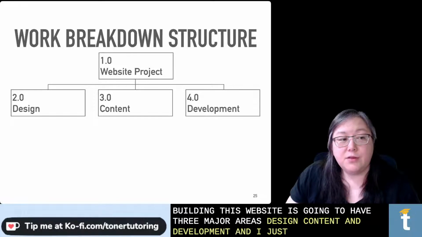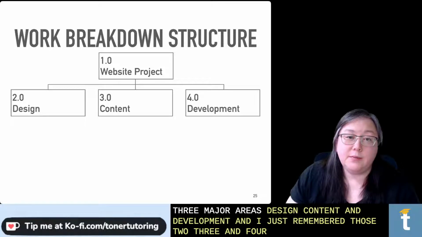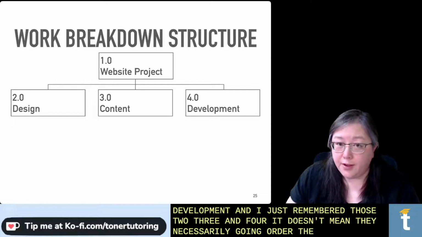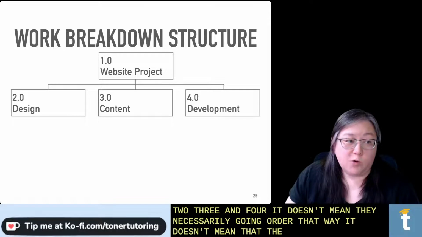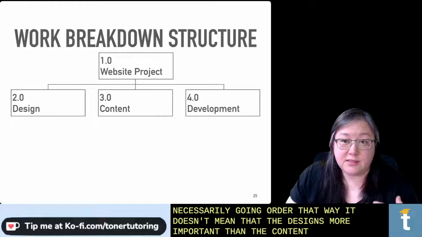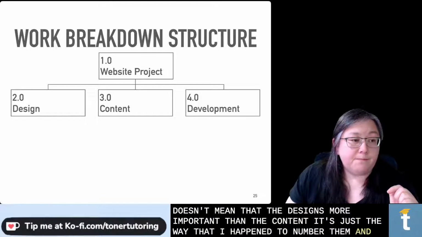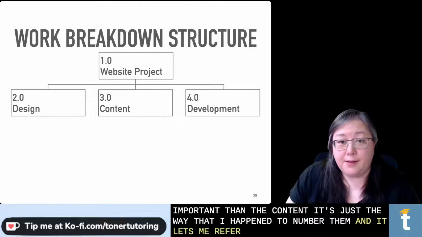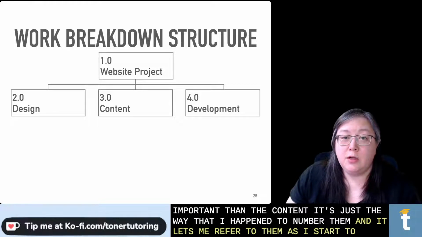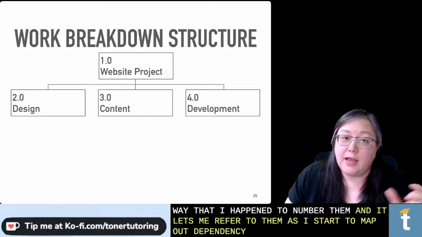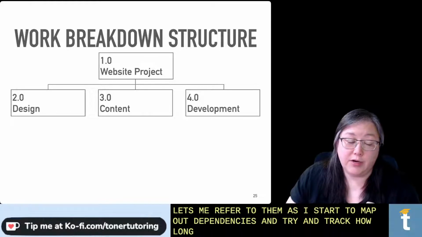And I just numbered those 2, 3, and 4. It doesn't mean they necessarily go in order that way. It doesn't mean that the design's more important than the content. It's just the way that I happen to number them. And it lets me refer to them as I start to map out dependencies and try and track how long things are going to take.